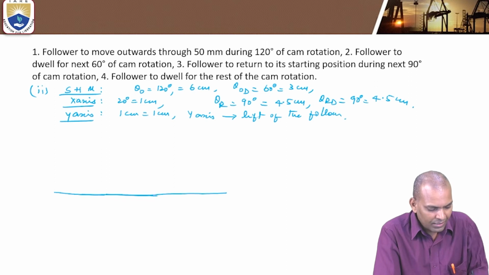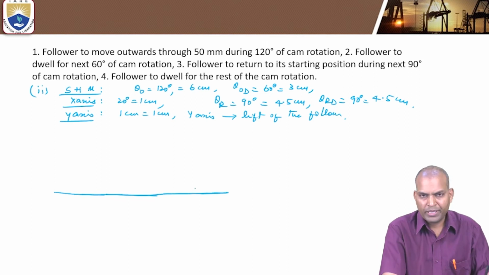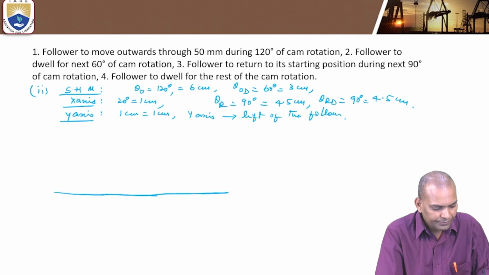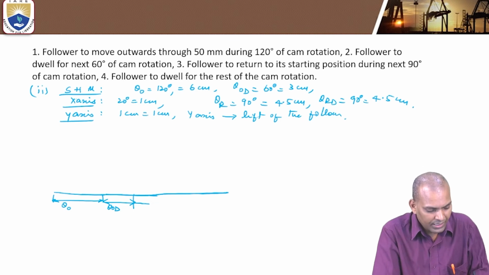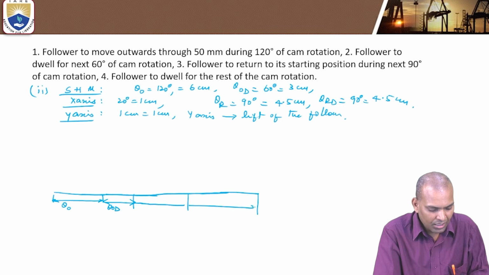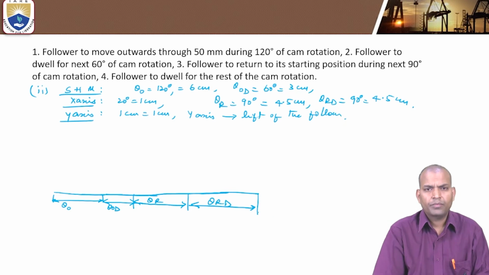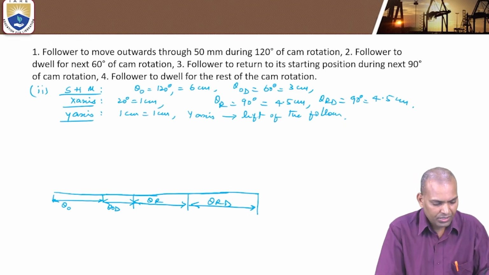Number of times I am telling, use geometry instruments and draw the straight line and mark it. This theta O, outstroke, dwell, that is 3 centimeters. Next extension: theta R and theta RD, each part is 4.5 centimeters.